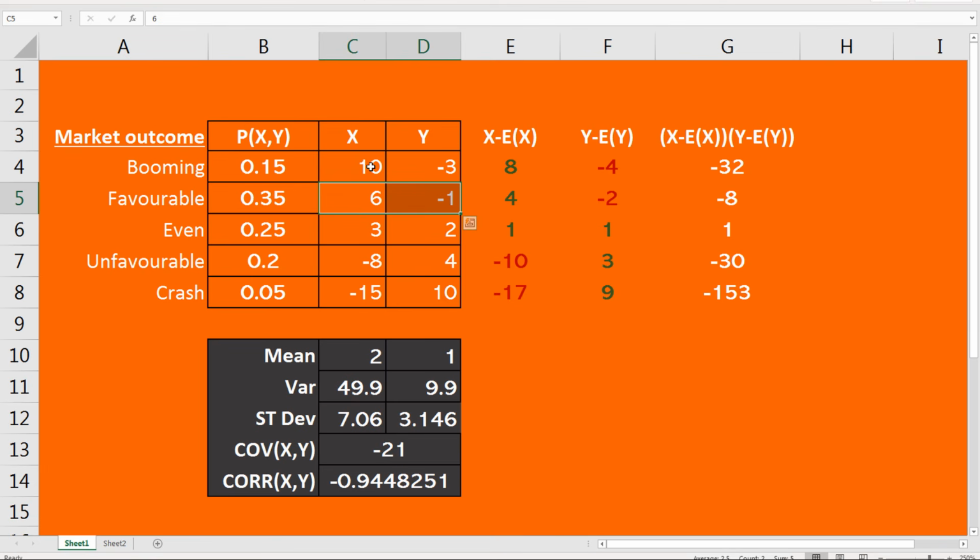We haven't been given a sample from which we've estimated the respective means. And that's why I've used the expected value of x here as opposed to x bar, and the expected value of y as opposed to y bar. Because x bar and y bar respectively are estimations of the mean, estimated from a sample. And when we use estimations, we add extra uncertainty in our calculations.